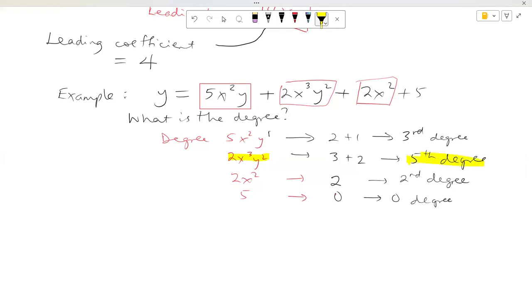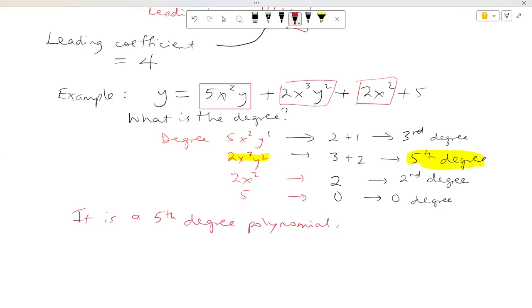So this is going to be a 5th degree polynomial. So the answer here would be, it is a 5th degree polynomial. Or you can just say a polynomial with a degree of 5.